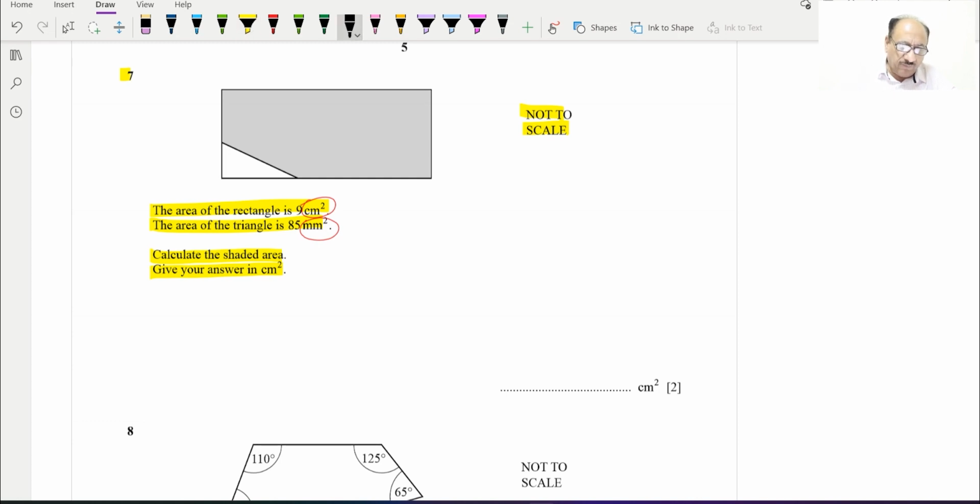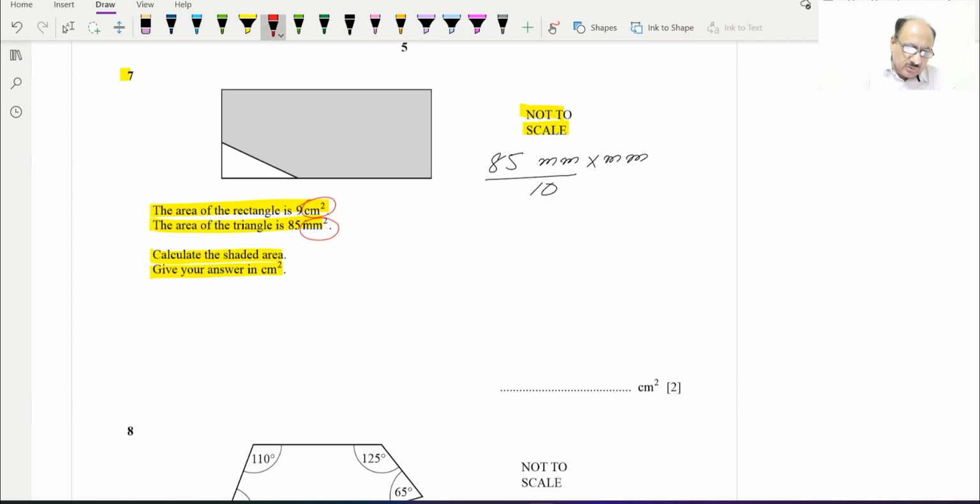So 85 millimeters square we can change into centimeters square. How can we convert 85 millimeter square? We will write millimeter into millimeter. This is the easiest way to convert, and to convert this millimeter we can divide by 10.